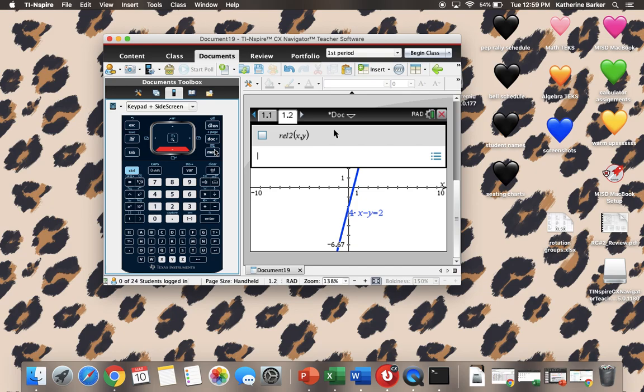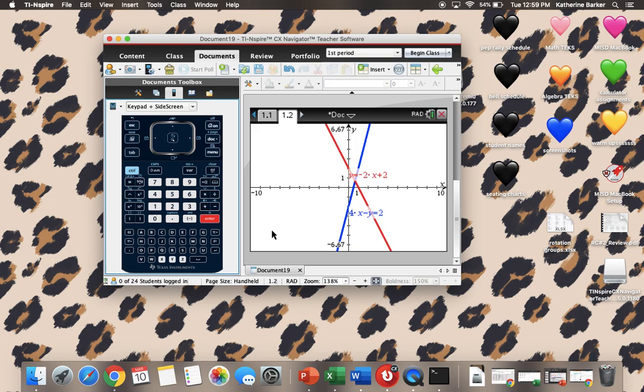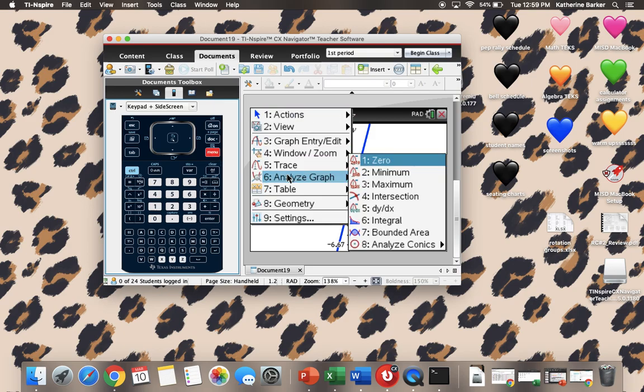So say the other one is y equals negative 2x plus 2. Easy peasy, okay? There we have our system of equations, okay? If I want to see where their intersection is, okay, you go to Menu, Analyze Graph, and then Intersection.